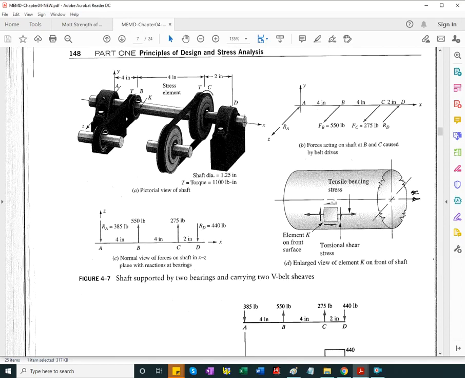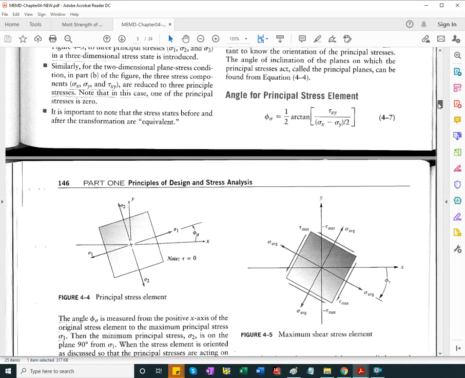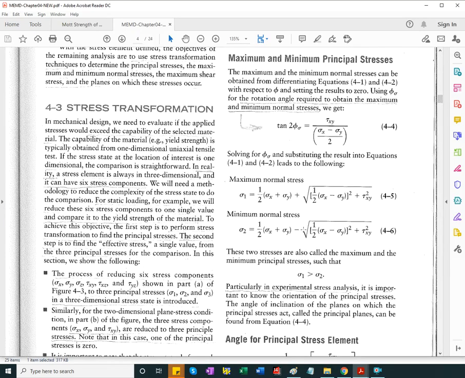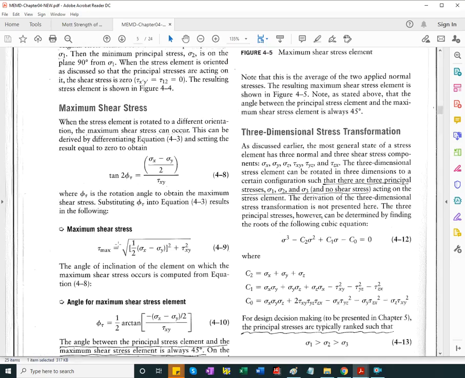Once we correctly orient the stresses on the element and put values to them, we can apply the earlier equations and calculate sigma 1 and sigma 2. What do we do with sigma 1 and sigma 2, as well as tau max?